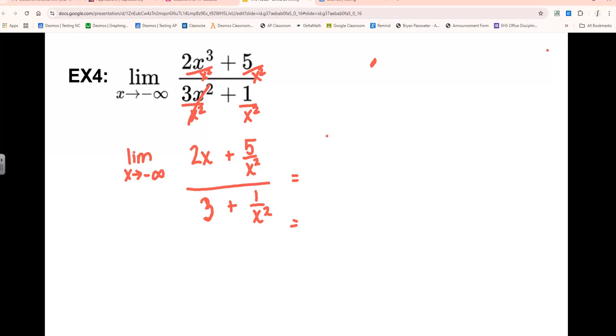I'm going to do the limit as x approaches negative infinity of 2x, and I'm going to leave it there for a second, okay? Actually, I'm going to write it out. Let me write it out long ways this time, just so we're really clear about what's happening.